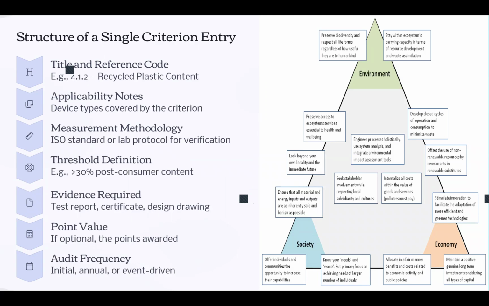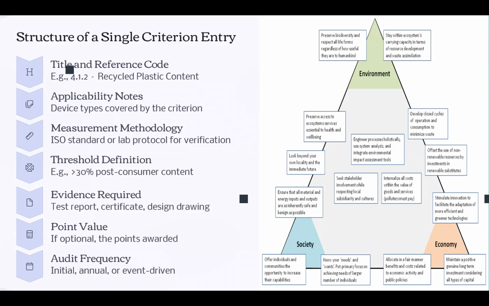Okay, this helps you find it quickly, and there are applicability notes that explain which device it applies to. For example, some criteria might only apply to printers or laptops. We have a measurement methodology that tells us how to verify the claim, like what kind of testing or documentation is needed. And there is always a threshold.